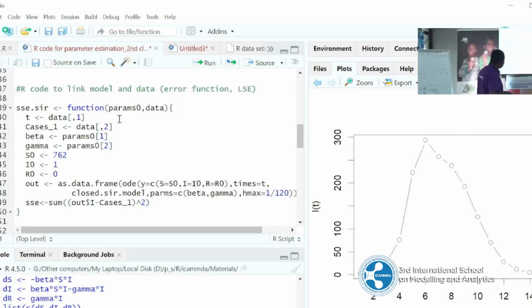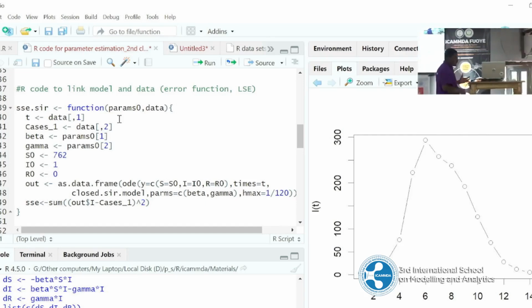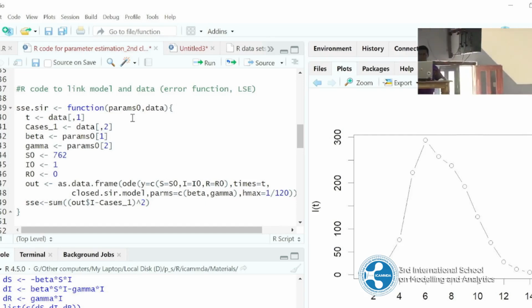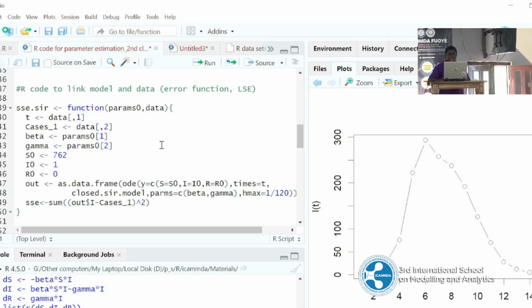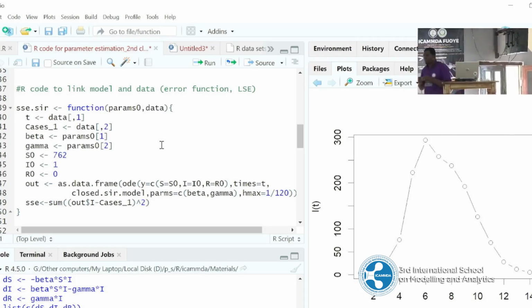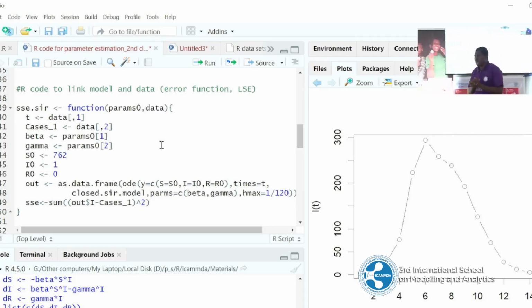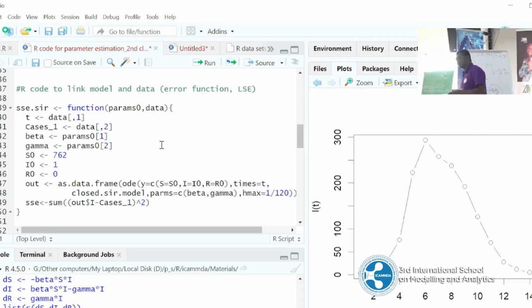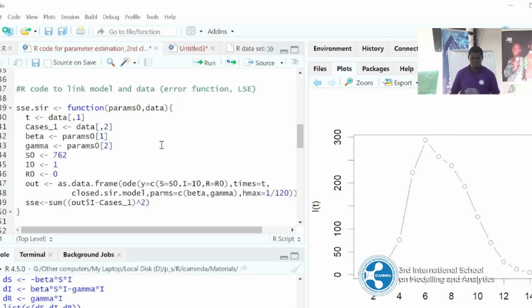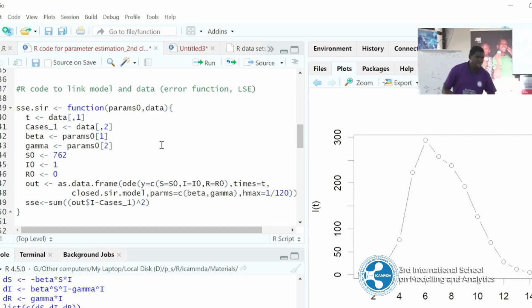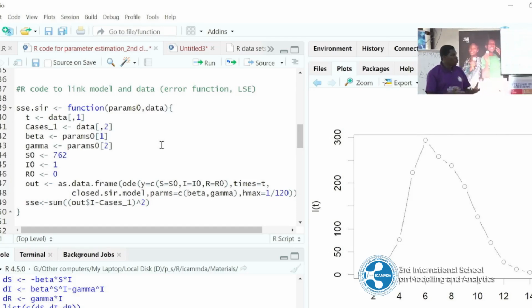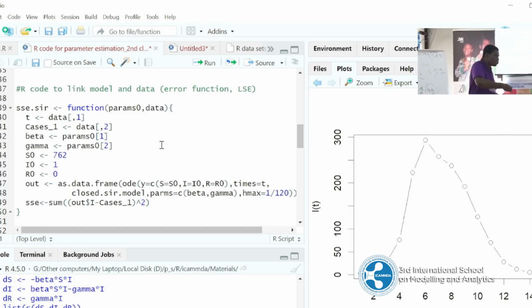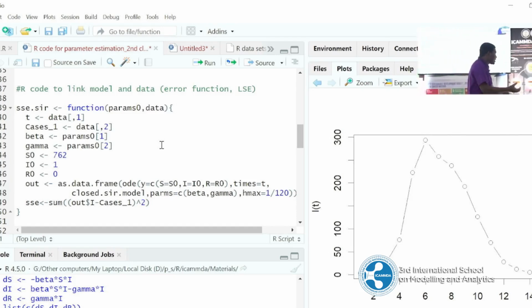So now this error function comes in. And then I also told you that because it's a process-based model that we have used, like a system of ordinary differential equations, for such a model you need to know what output of this model corresponds to the data that you have.